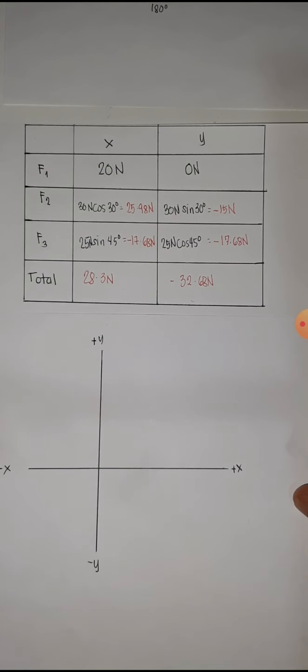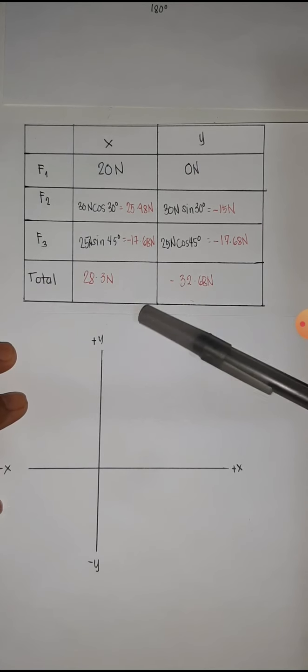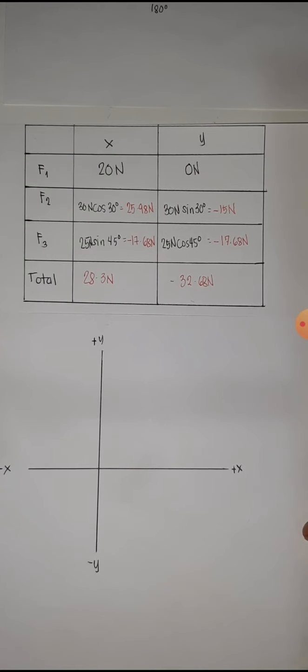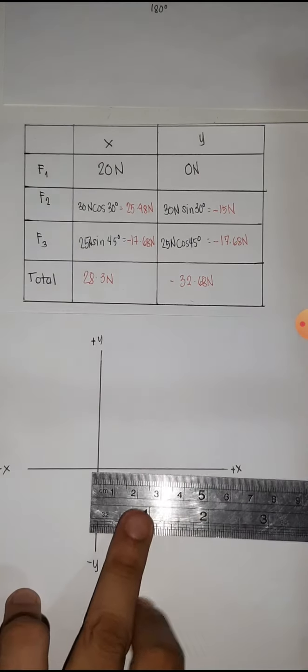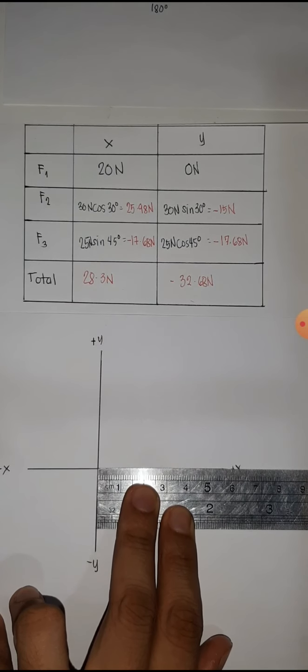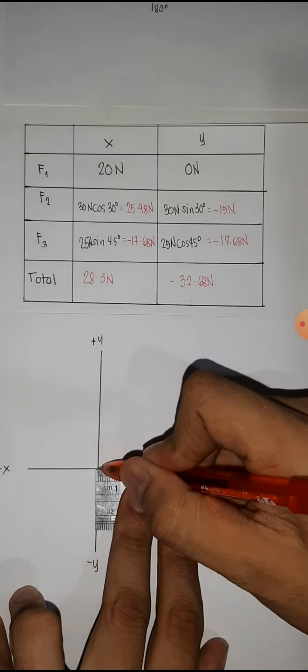Again, you have here 28.3 Newton positive, then negative 32.68. In the Cartesian plane, your resultant x component is positive 28, so it should be on the positive x-axis. It would look like this.